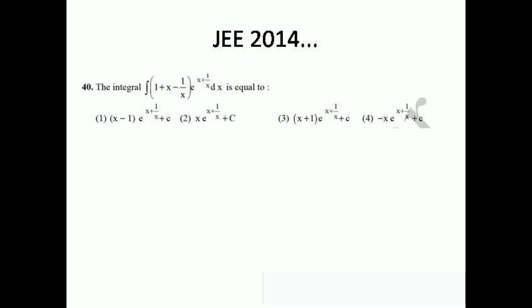Here you can see that e is raised to the power x plus 1 by x. The differentiation of x plus 1 by x is 1 minus 1 by x square. But if I multiply that by x, then I have x minus 1 by x.